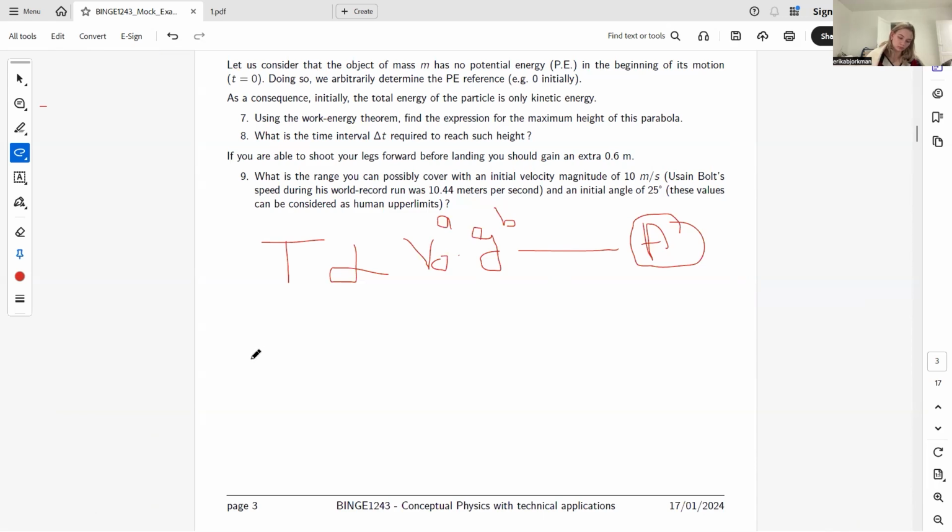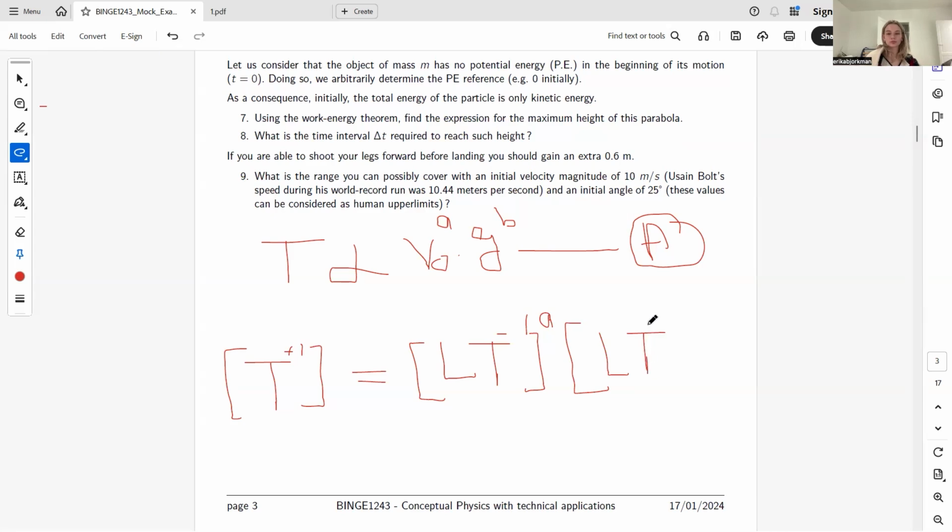For the time we know we have the dimension T to the power 1, and for the velocity we have the dimension L T inverse 1, and as we have introduced the power a as an exponent, and similarly for g, L T inverse 2, and here we need to introduce the power b.